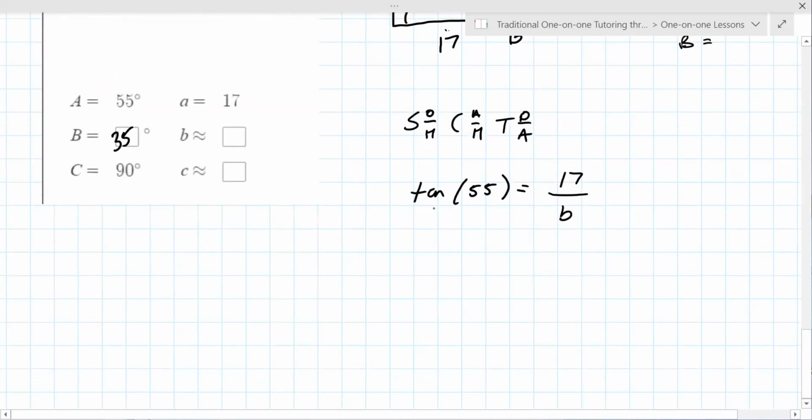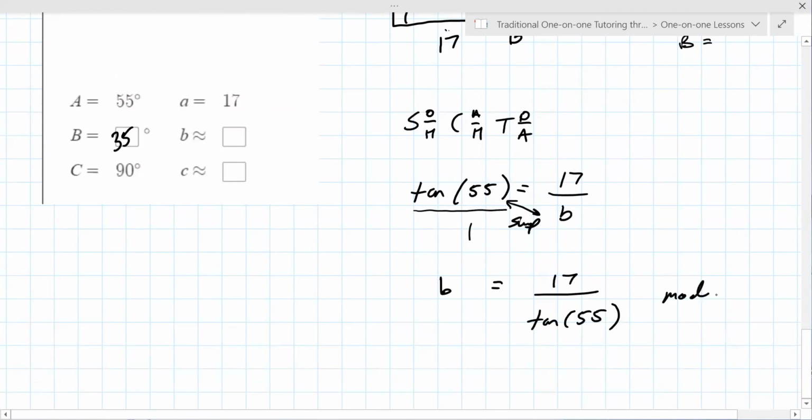Now to solve this, you can actually just swap positions of these two. So you put that B in the top left and you put that tangent 55 in the bottom right. Your mode has to be in degrees. 11.90.